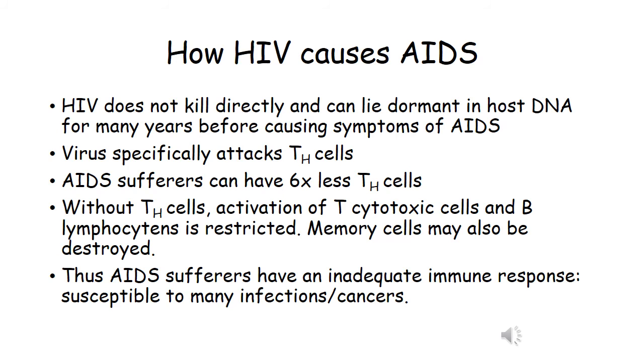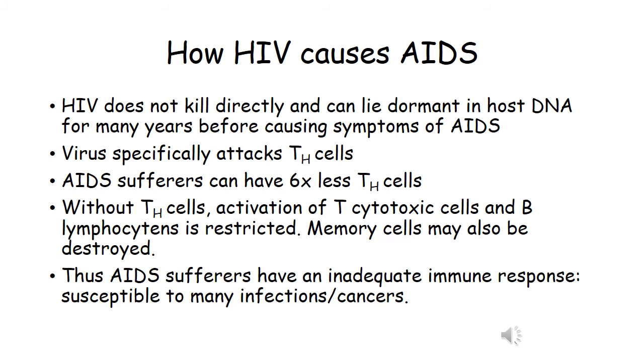As we've seen, our immune system is important in recognizing cancerous cells. So if their immune system is compromised such that they're unable to fight off infections, it will be those infections that will cause the issues that an AIDS sufferer has.